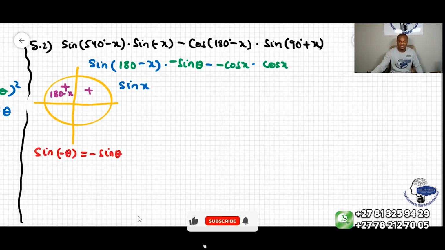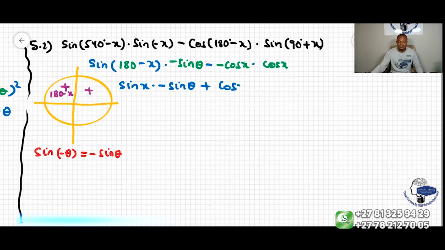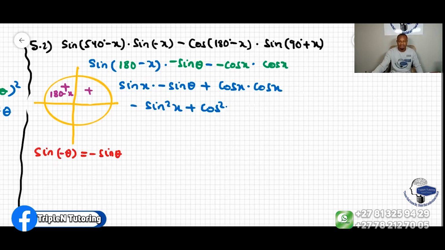So sine x times negative sine x makes negative sine squared x. And then negative cos x times negative... cos x times cos x makes positive, plus cos squared x.